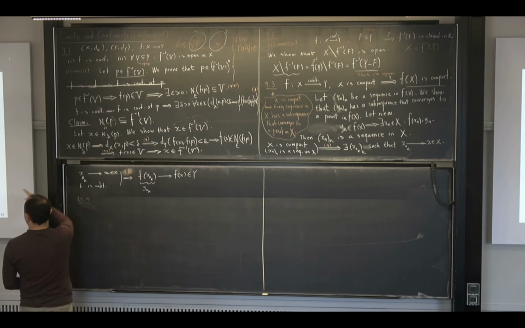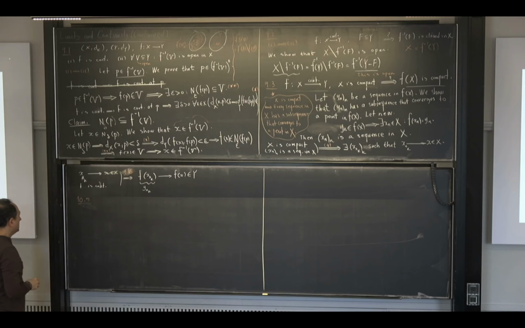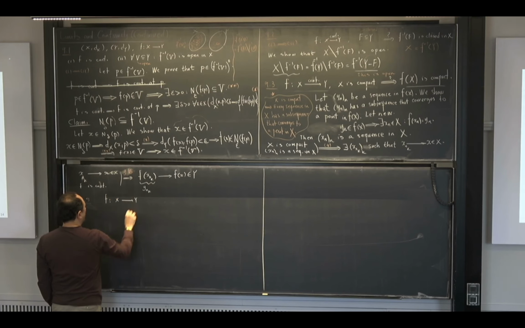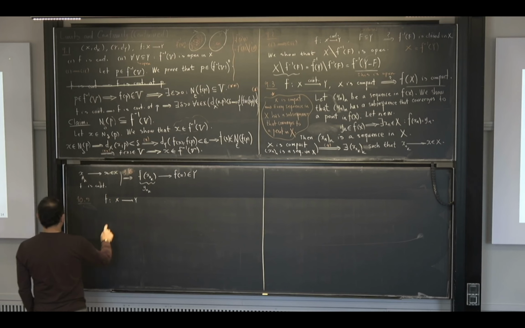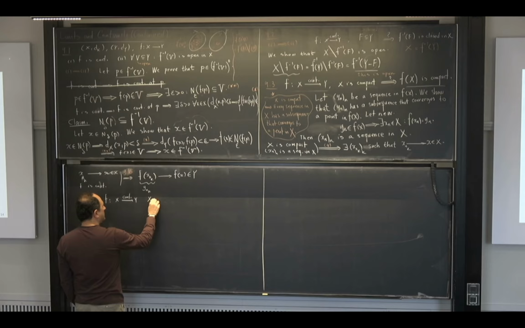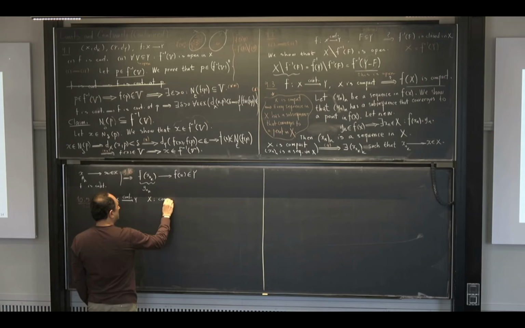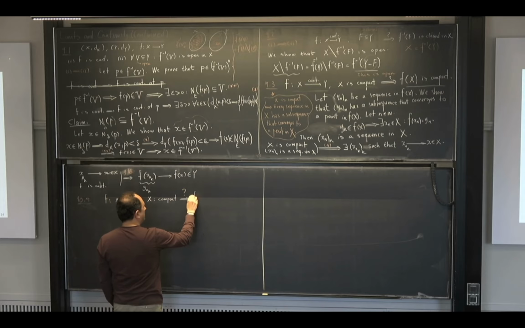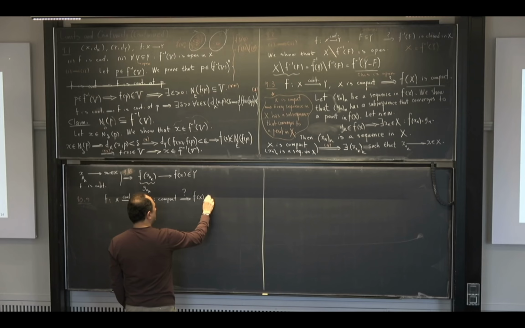Okay, I will fix it later for you. So what does it mean? It means that if I have a function from X to Y, and I know that it is continuous, and I know that X is compact, I want to prove that f of X is bounded.